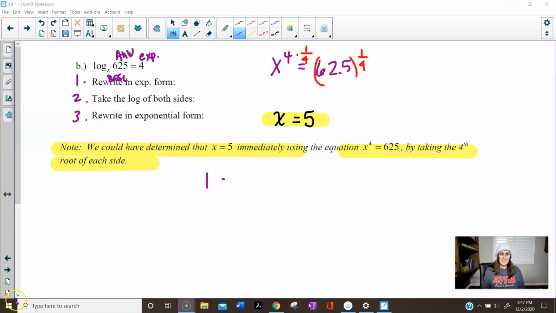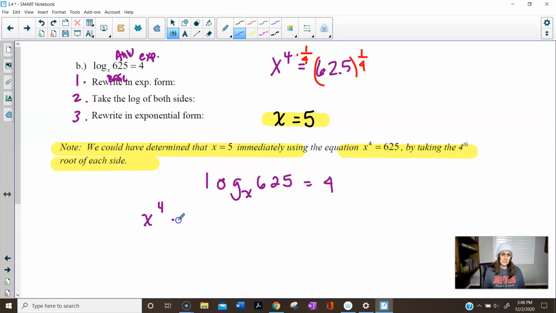So here's the second way to work out that problem. If you have log base x of 625 equals 4, it says rewrite in exponential form. So the base is x. Here's the base. The exponent is 4. A logarithm always equals the exponent.